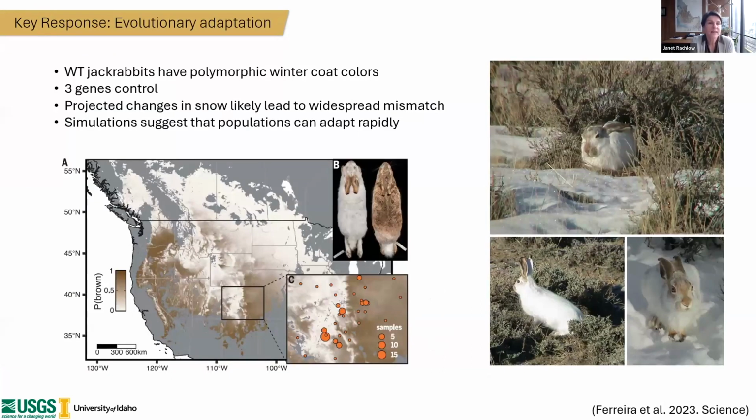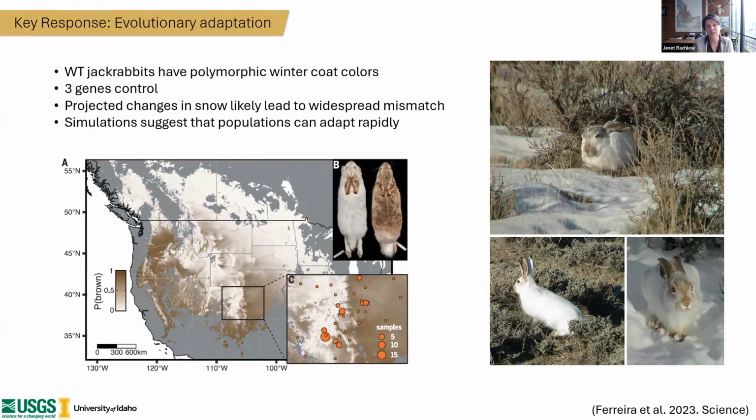Right, and sticking with the idea of coat color mismatch, there's actually a really great example, and kind of a positive example, for white-tailed jackrabbits across the western and central part of the US. This was some work out of Scott Mills' lab at Montana. White-tailed jackrabbits turn white in the winter, but not all of them.